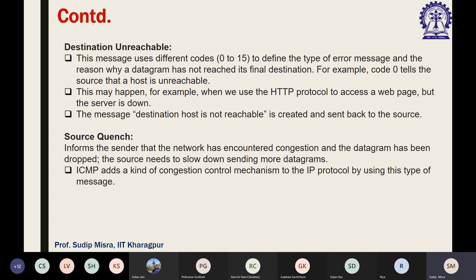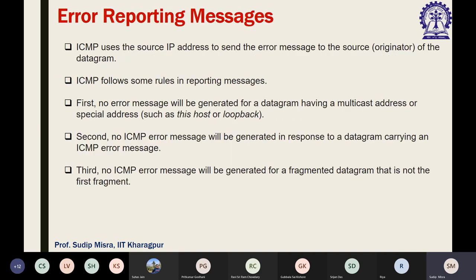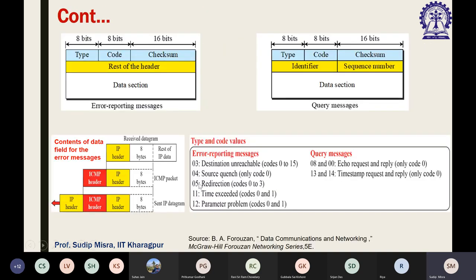So let us look at the different types of messages that are supported by ICMP. The first one was destination unreachable, codes 0 to 15.